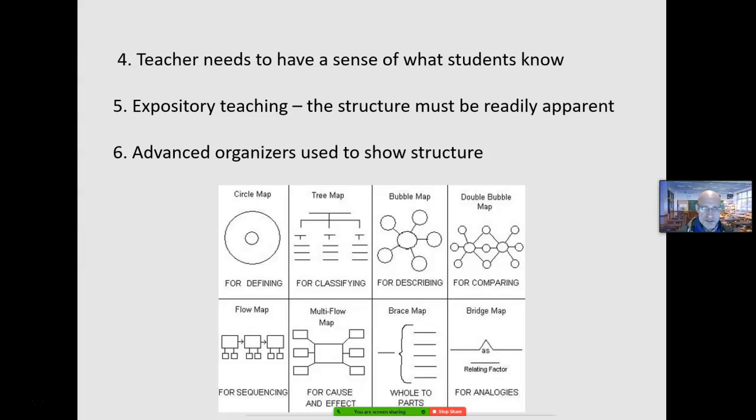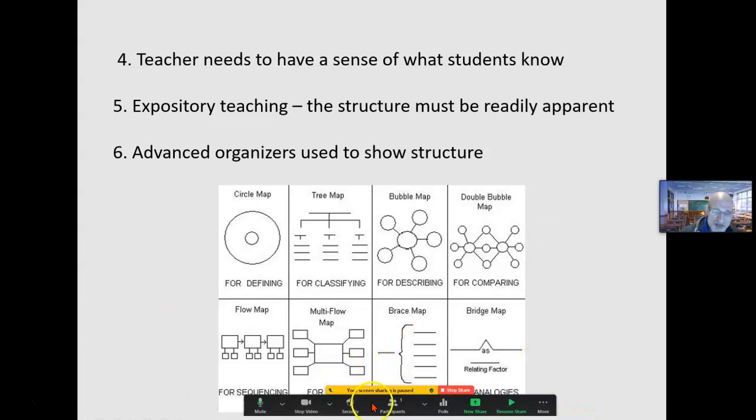In expository teaching, the structure must be readily apparent, so you can see the hierarchy, how it's broken into parts. And Ausubel used advanced organizers to show the structure of the lesson up front. That's any graphic organizer that shows the structure of what is to be learned in advance of the lesson or in advance of the reading.